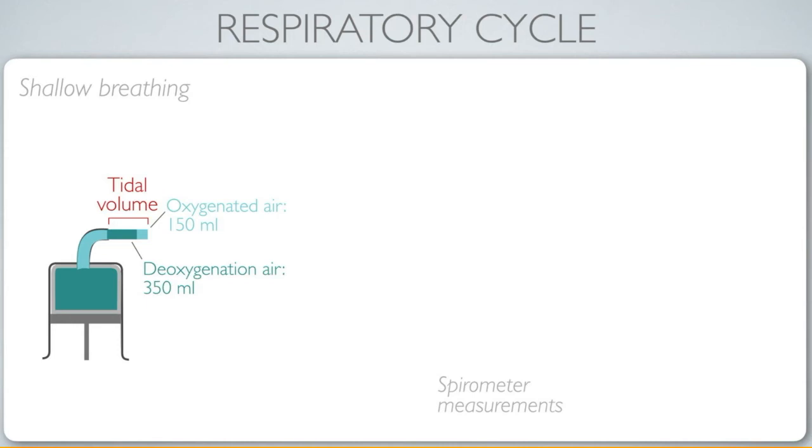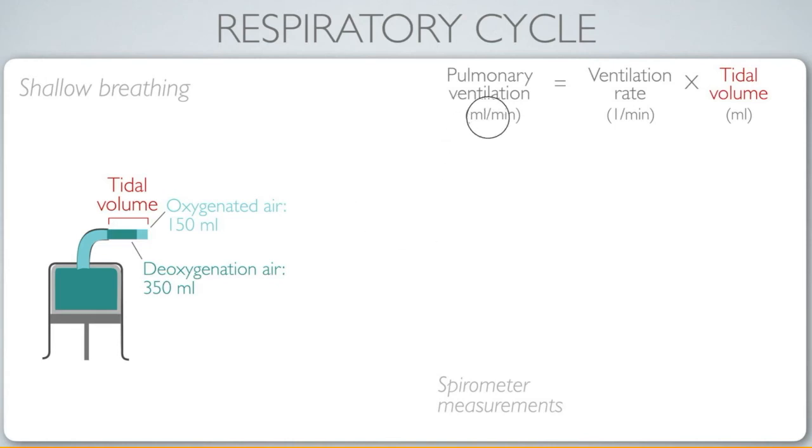Here, the respiratory system has something analogous, which is the pulmonary ventilation. It's the ventilation rate times the tidal volume. Look at the units: milliliters per minute is our measure of ventilation. That's how frequently you breathe times how much you inspire.